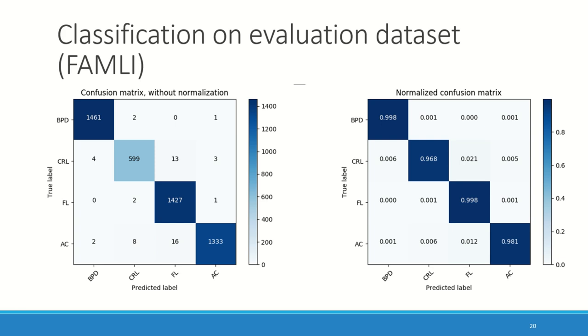And this is our result in our evaluation dataset that does not contain any calipers or text. As we can see here, the classification is even much higher. So this means that maybe this dataset is working much better in our evaluation dataset.